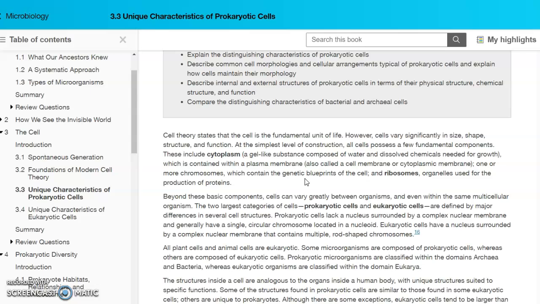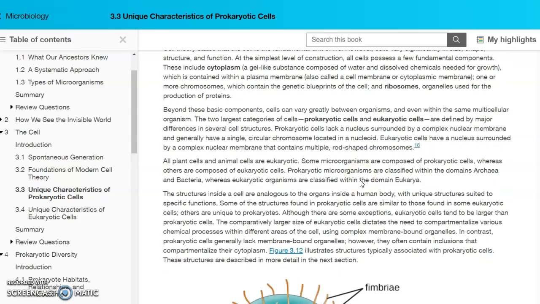Eukaryotic cells also contain membrane-bound organelles that we don't see. So in terms of complexity, the eukaryotic cells are a lot more complex than prokaryotic cells. So what we're going to focus on in this video are the characteristics of the prokaryotic cells.